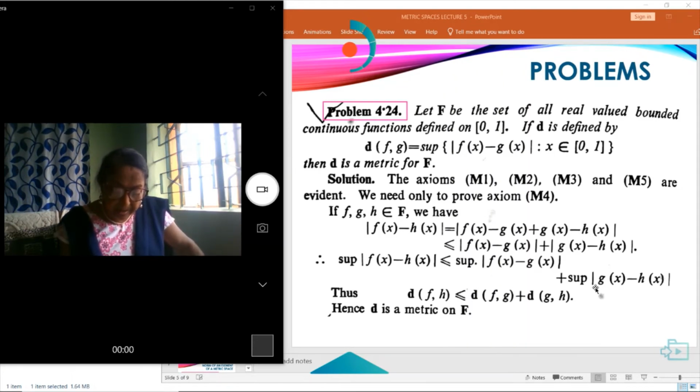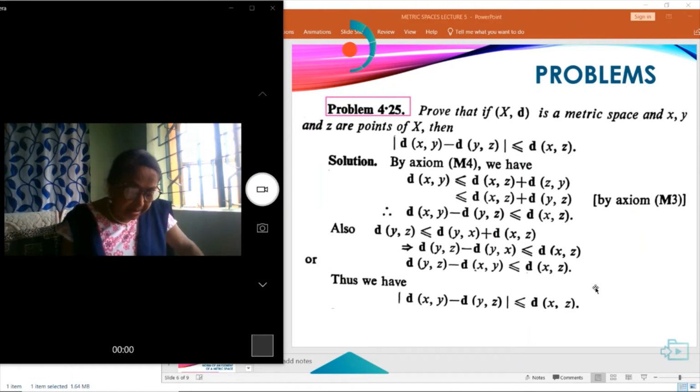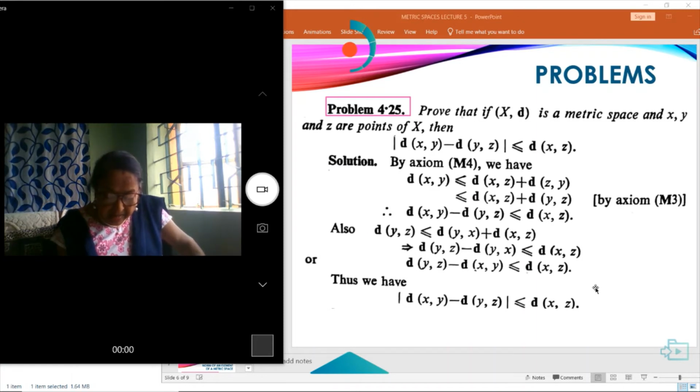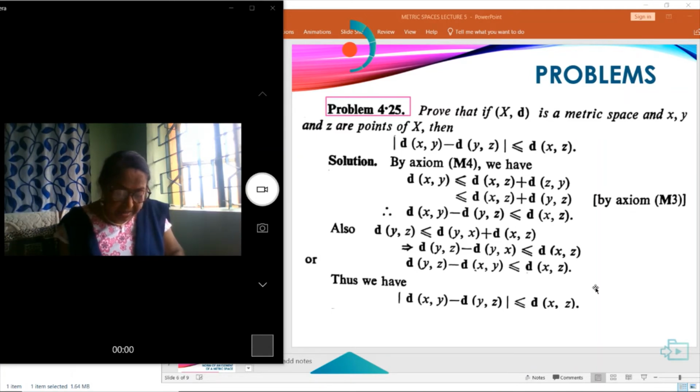Now take another example. Prove that if (X, d) is a metric space and x, y and z are points of X, then |d(x, y) minus d(y, z)| is less than or equal to d(x, z). By axiom 4, we can write d(x, y) is less than or equal to d(x, z) plus d(z, y), which is equal to d(x, z) plus d(y, z), which on transforming we write as d(x, y) minus d(y, z) is less than or equal to d(x, z). Also, d(y, z) is less than or equal to d(y, x) plus d(x, z), which gives us d(y, z) minus d(x, y) is less than or equal to d(x, z).